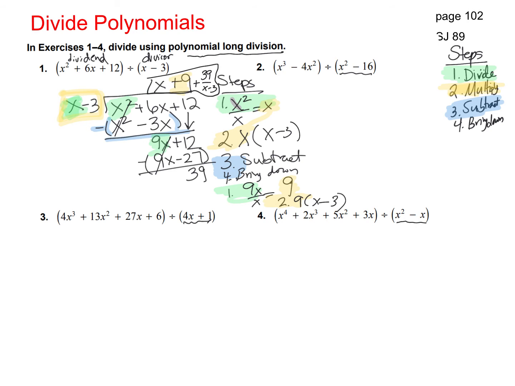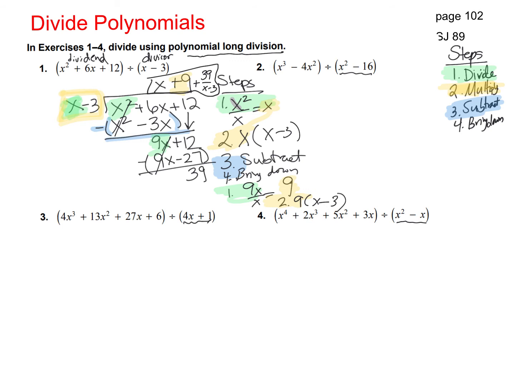I'm not sure if I discussed earlier why those divisors are underlined for numbers 2, 3, and 4, but I'll repeat it just in case. There are two ways to divide polynomials, long division and synthetic division. You can use long division every time for every problem.